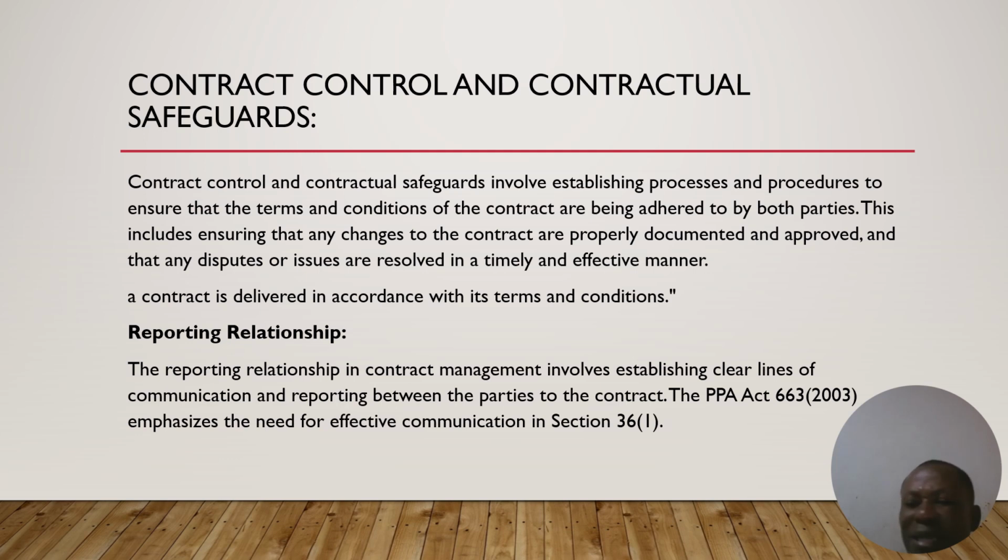And if they accept and agree on it, they put it on records and make sure that it is done. So it's very, very important that when we are managing contracts, any changes that we want to embark on, we have to agree with the contractor and approve it, and then keep records.